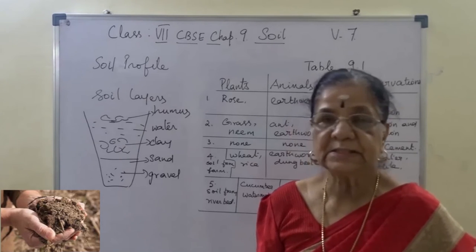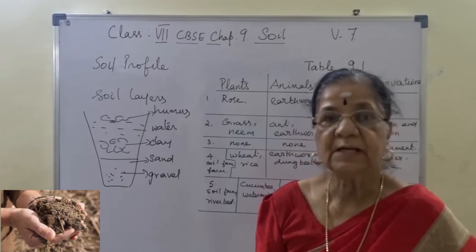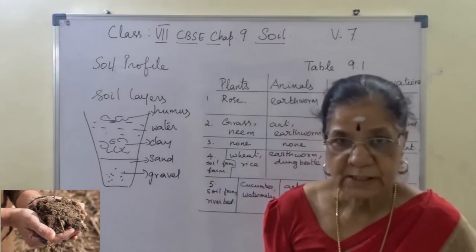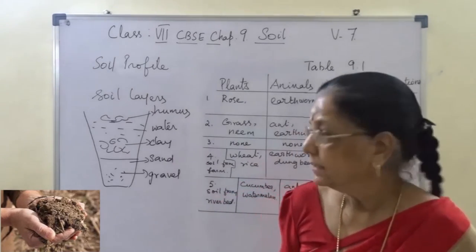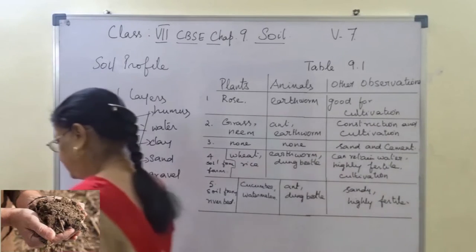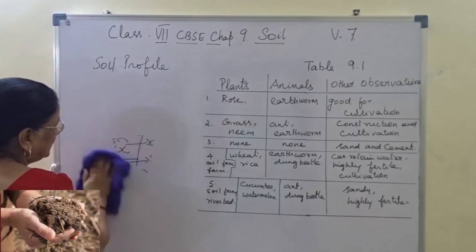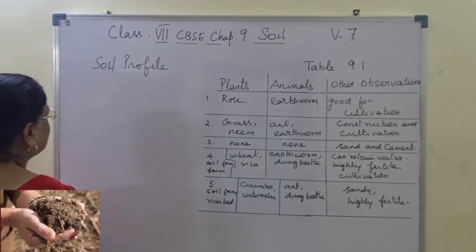This process is called weathering. What is called weathering? Soil is formed by the breaking down of rocks by the action of wind, water and climate. This process is called weathering. And this weathering can be physical weathering, biological weathering and chemical weathering. Weathering is of three types.